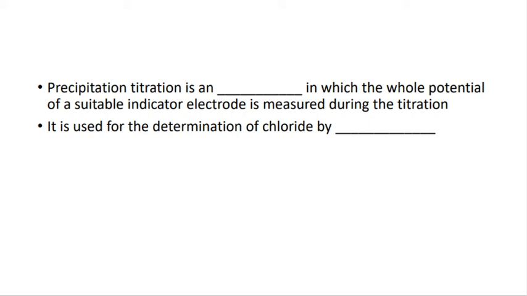So, precipitation titration, okay, is an amperometric titration. Okay? So, di ba, may sensors tayo, yung potentiometric, and your amperometric. So, si precipitation titration is amperometric titration. Aside from being a sole electrode, ito rin ay in which the whole potential of a suitable indicator electrode is measured during the titration.